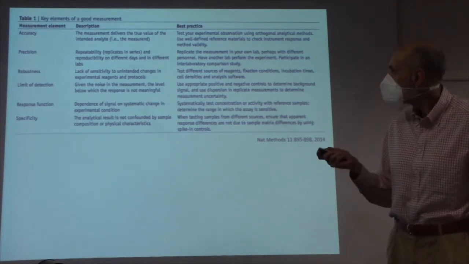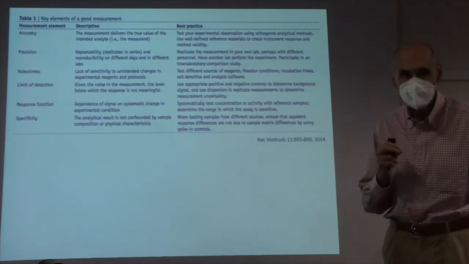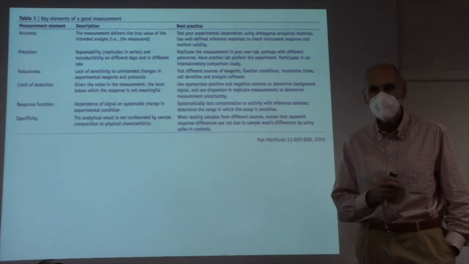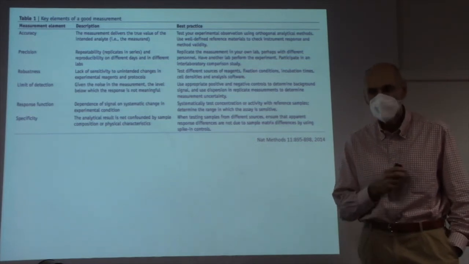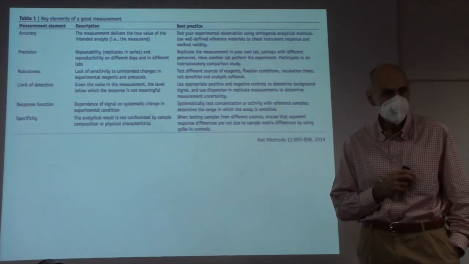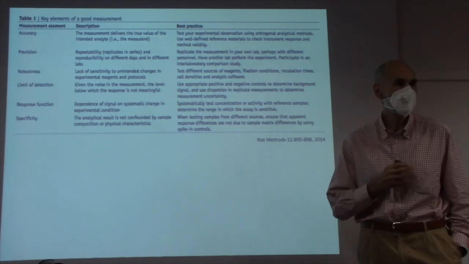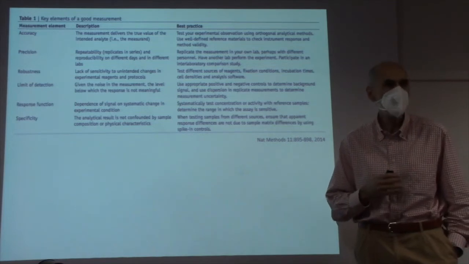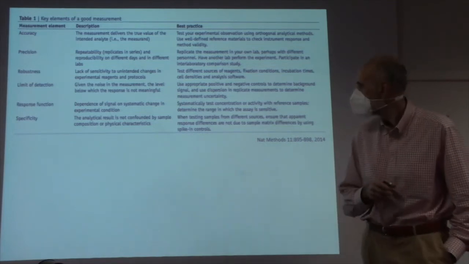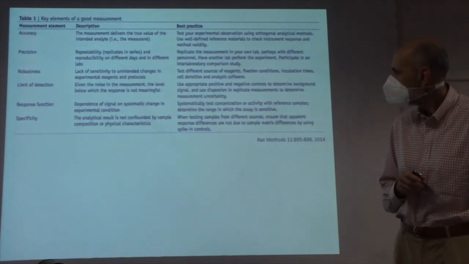Accuracy, as we said last time, refers to the closeness of the measures to the true value. We said that the true value does not really exist, but it's the best value that we can determine with the best available methods.